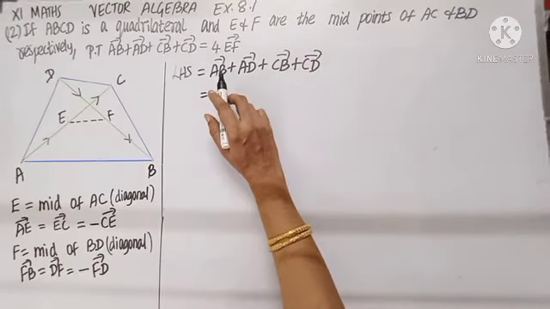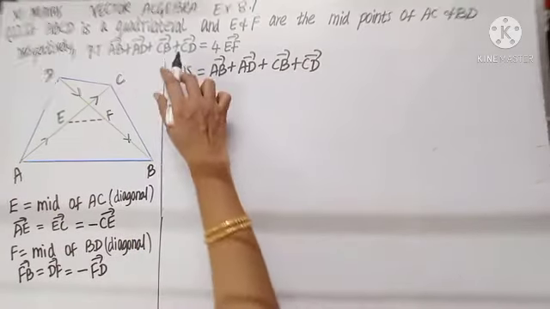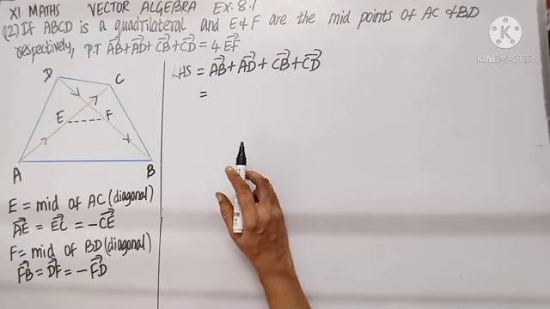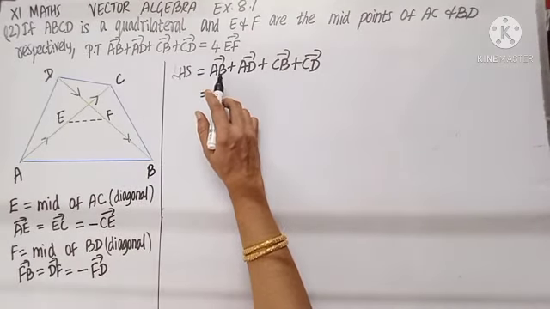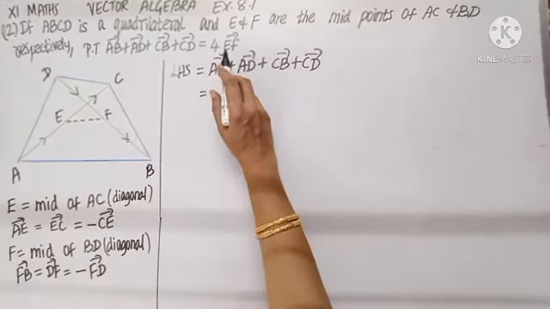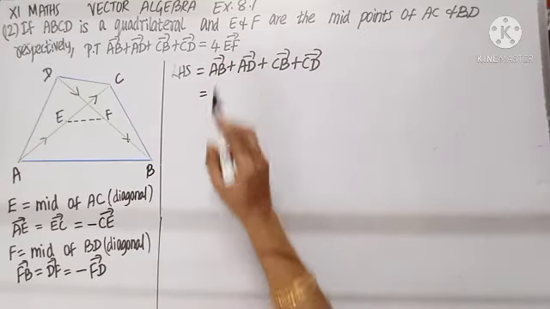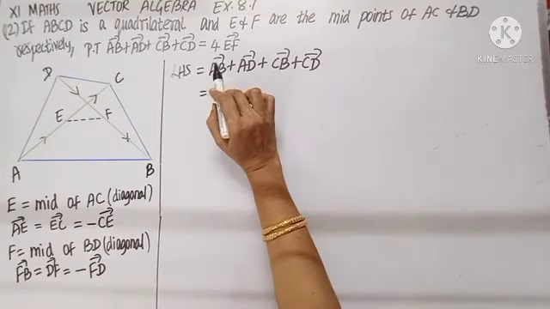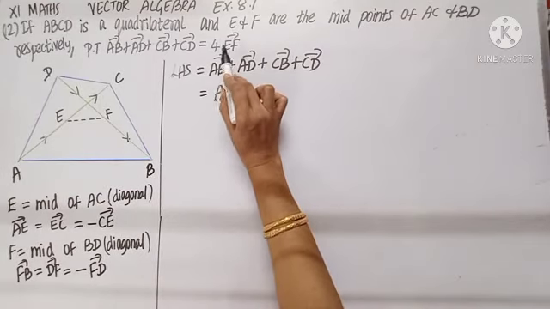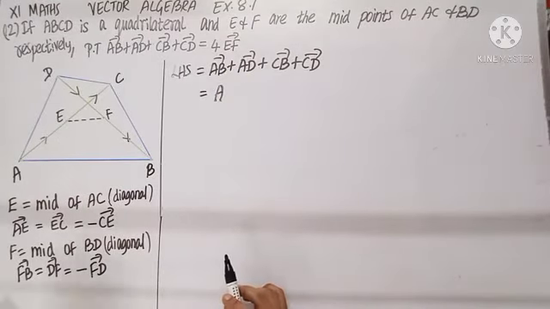Now let us go on to the LHS of the result that I need to show. I have AB vector. RHS is containing EF vector. Let me write AB using EF. How shall I write it?